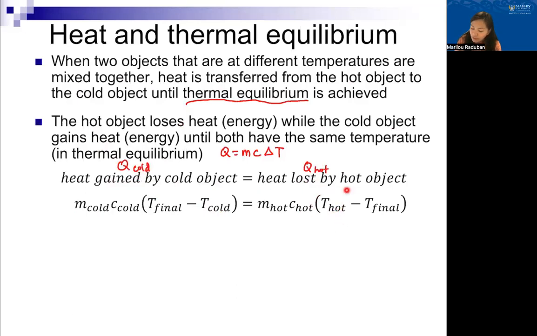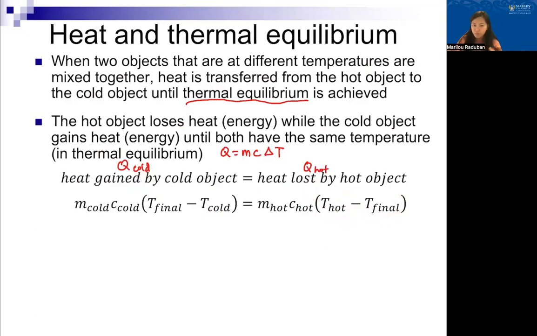So initially, it will have a higher temperature, which is the temperature subscript hot in this equation, and its final temperature will be smaller compared to its initial temperature, right? So you have this initial T hot minus the final temperature. I hope that makes sense.